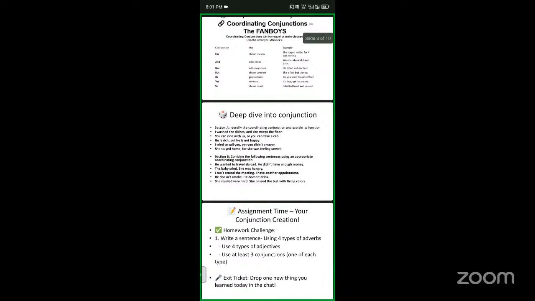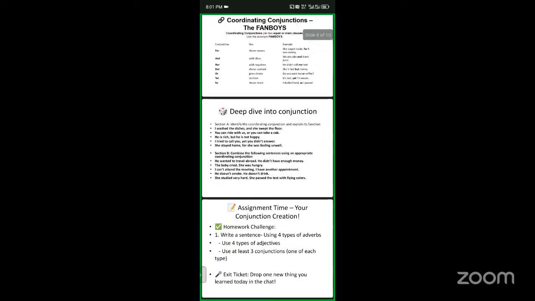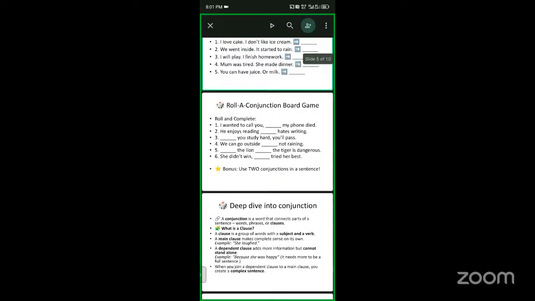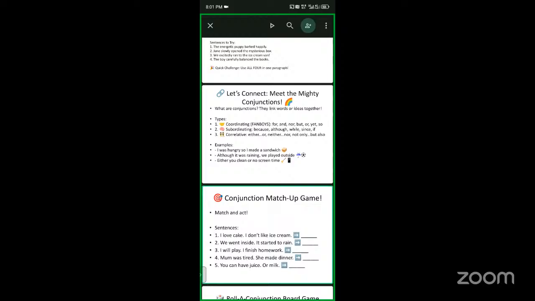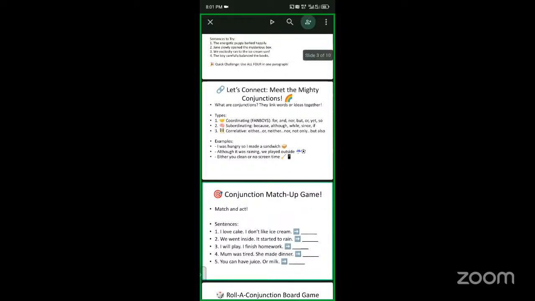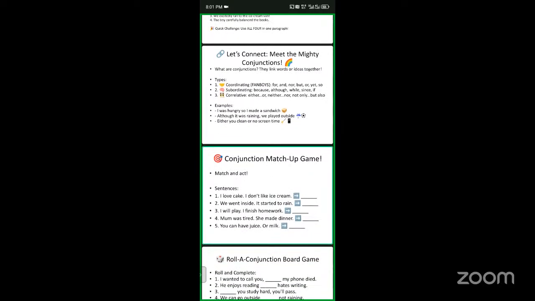Should I say that again? Write one sentence for each of the types of conjunction.